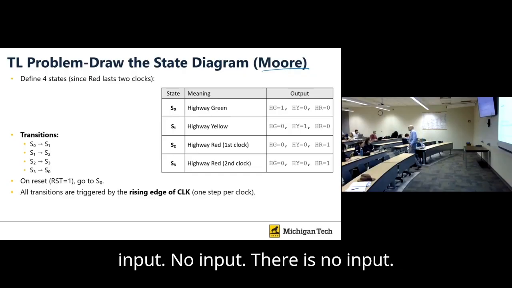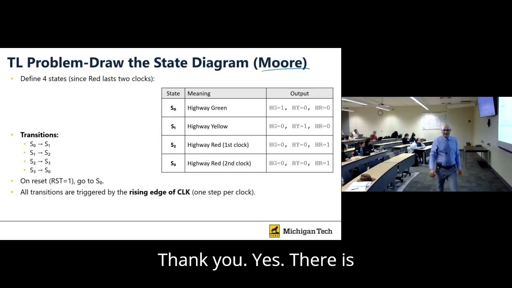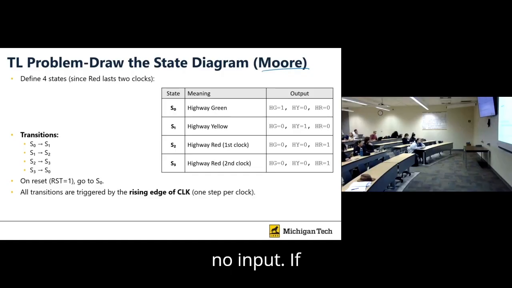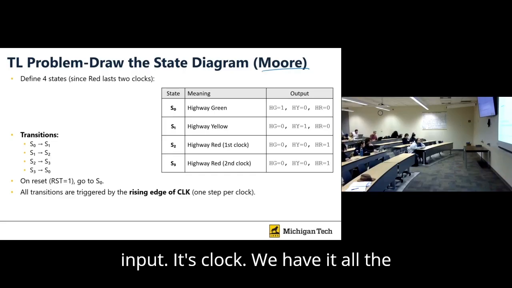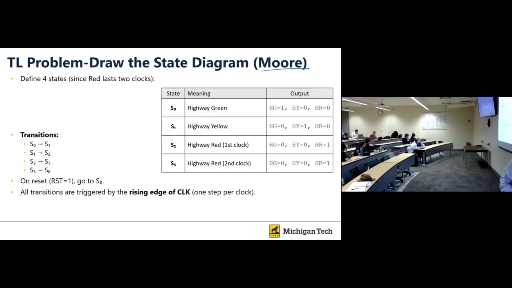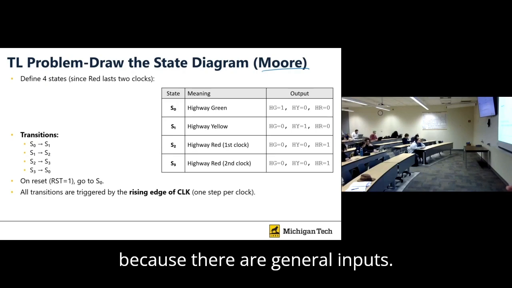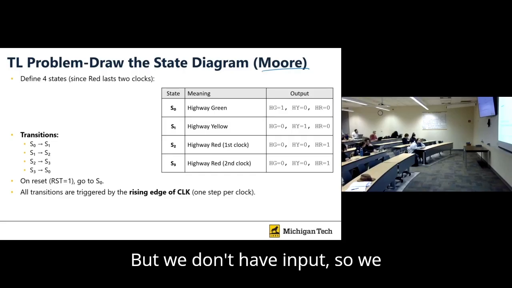Yes, there is no input. If there is no input, clock is not considered as an input. We have it all the time. Reset is also not considered as an input, because they are general inputs. But we don't have input, so we just go for Moore.